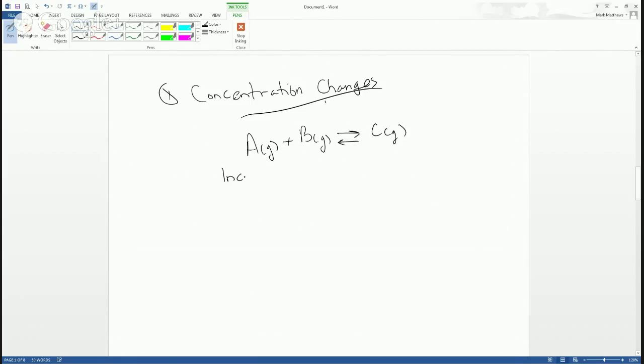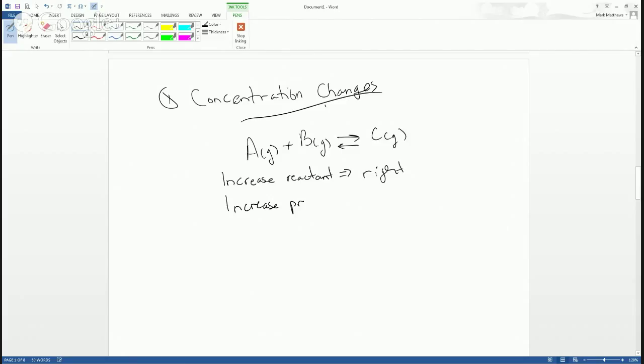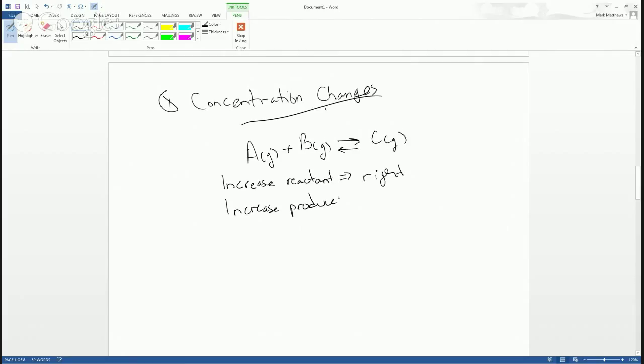And according to LeChatelier's principle, if you increase the concentration of your reactant, that's going to cause a shift to the right. Well, let me jump to the product side first. If you increase the amount of product, according to LeChatelier's principle, that'll cause a shift to the left.